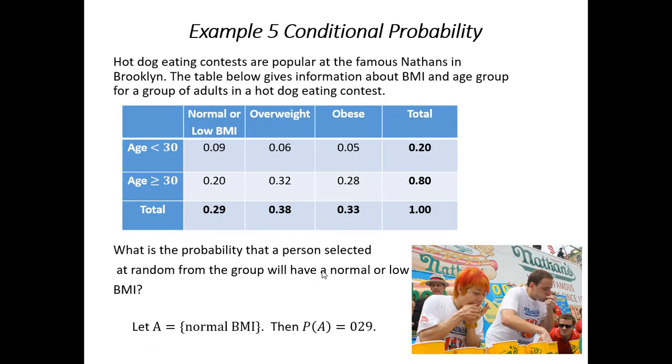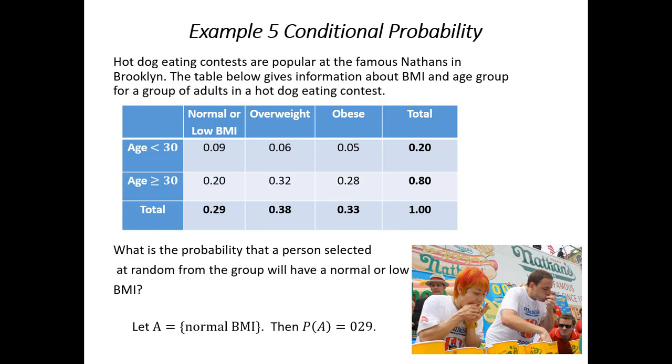Okay, the last problem we look at is one that illustrates some ideas of conditional probability. All right, so this problem is based on a table, right? Not all conditional probabilities are based on tables, but many of them are, so we'll take a look at one of these.